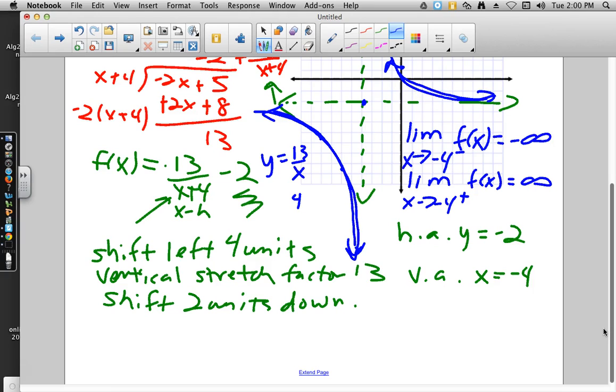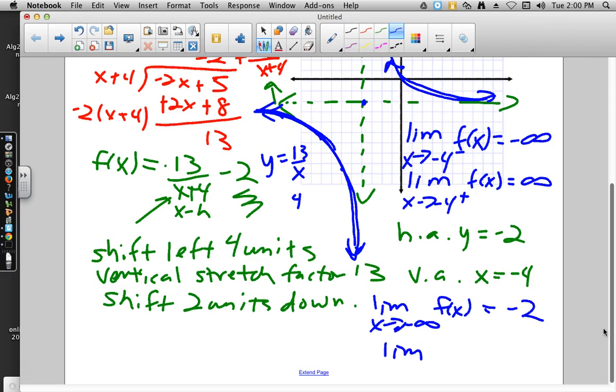Now, we have to go ahead and do our end behavior. I'm going to have to fit that down here. The limit as x approaches -infinity of f of x means, as we're going to the left forever, what exactly is this graph doing? And it is approaching that horizontal asymptote, which is -2.